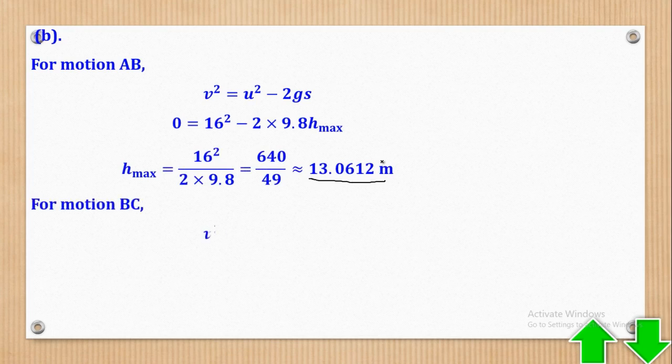Then for motion BC, still we shall use the third equation of motion. Now BC is downwards.